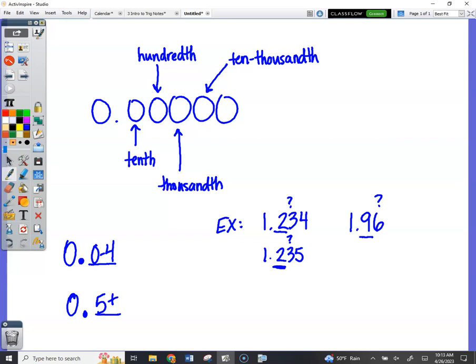This 6 is going to bump this 9 up to a 10. Now the logic is, can you put a 10 in one position? No. So the 1 carries over here, and this becomes a 0. It does not domino round. A lot of people get that confused. You're saying 10 won't fit in this one position, so the 1 carries over. So be careful with your rounding.